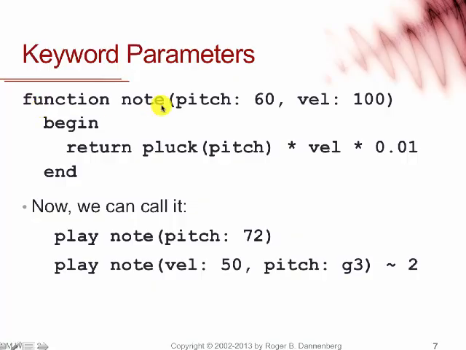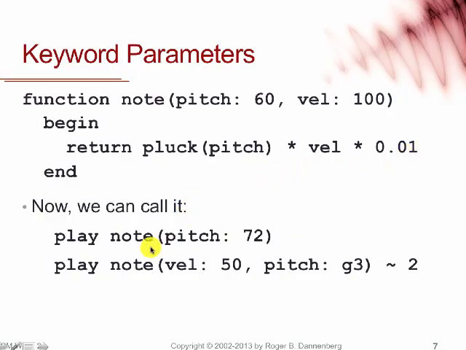This is just a normal SAL function declaration, except the only constraint is that all of the parameters are keyword parameters, pitch 60, vel 100. And then the body of this function can call on positional parameter functions like pluck, pitch, times vel times 0.01.